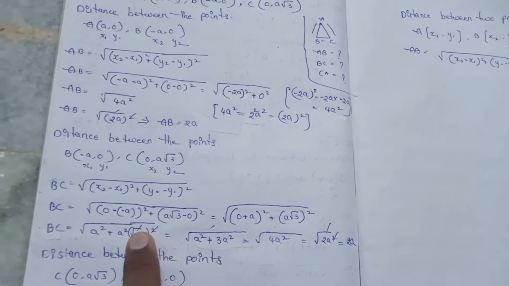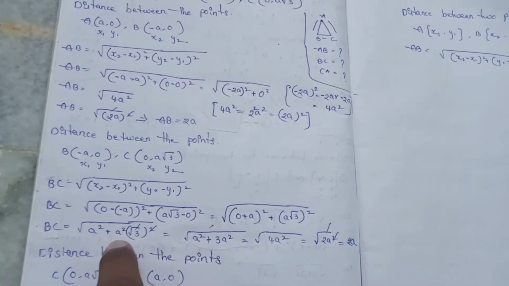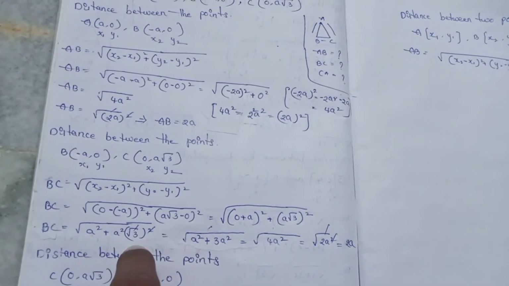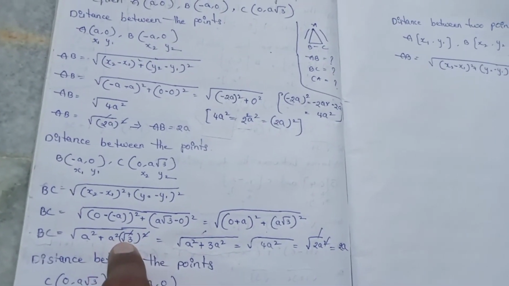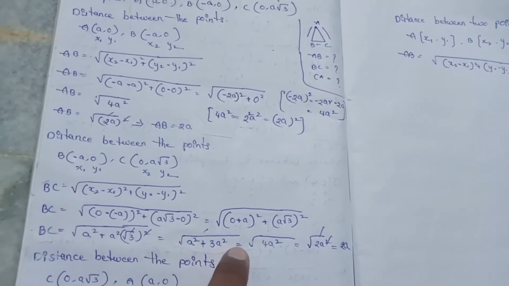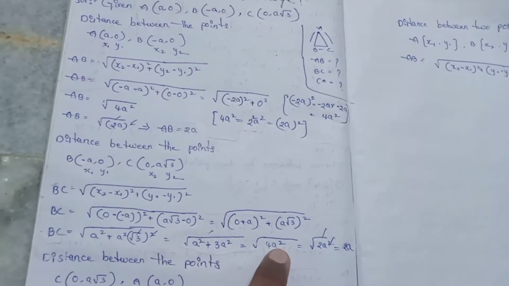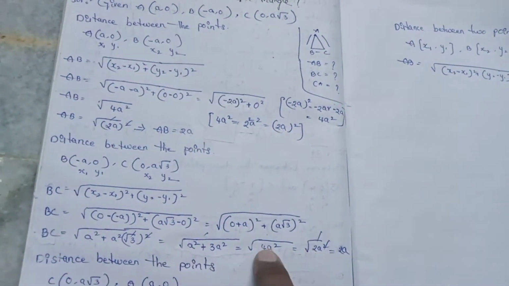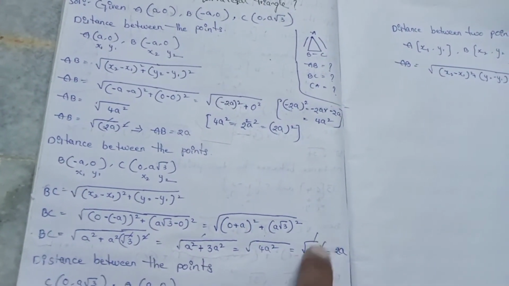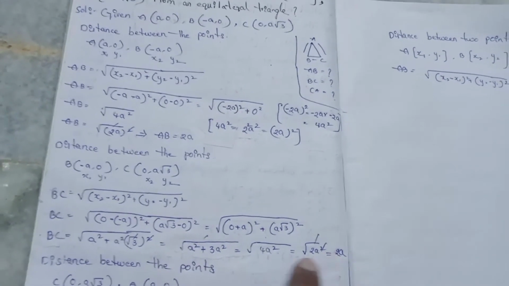The square root cancels. What remains is A square plus A square into 3, that is 3A square. So A square plus 3A square is 4A square, which can be written as 2 square A square, that means 2A whole square. The square root cancels, and what remains is 2A.